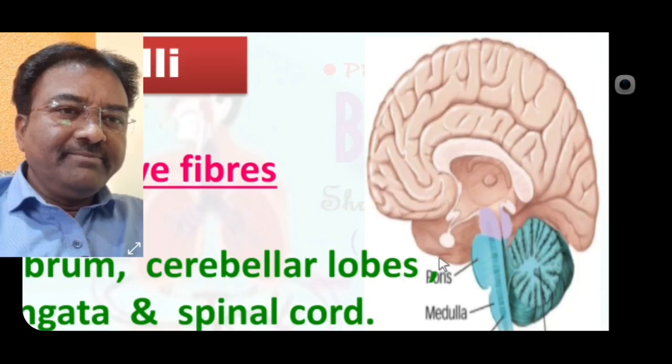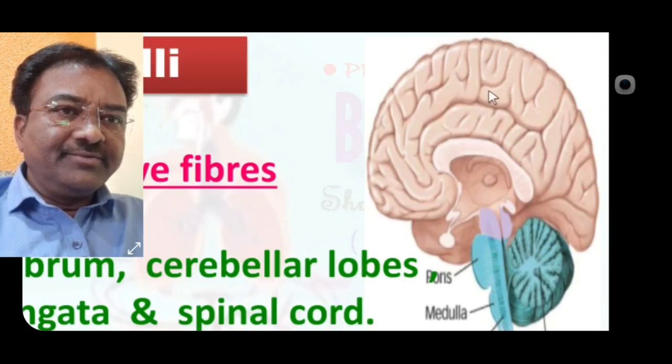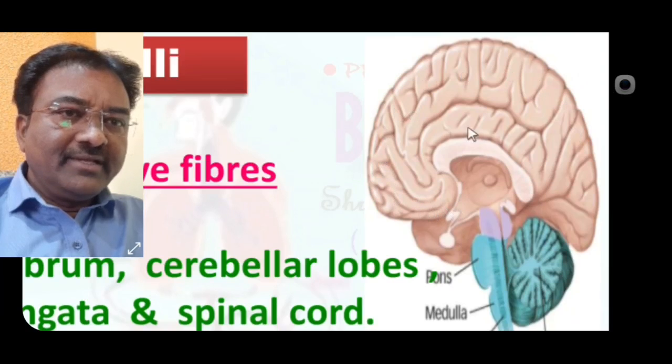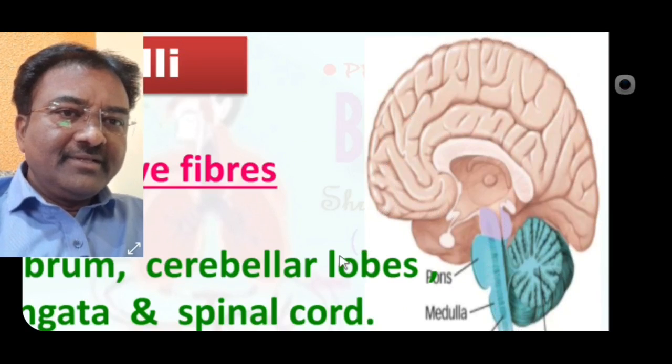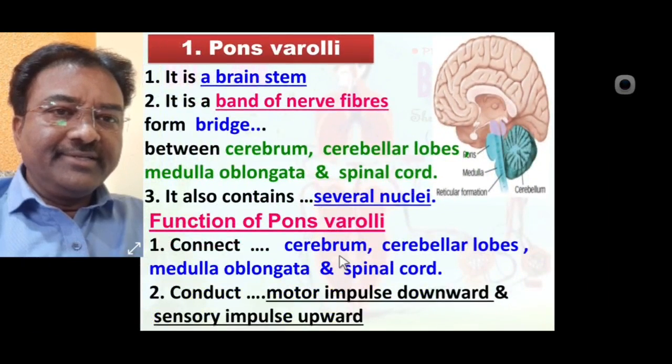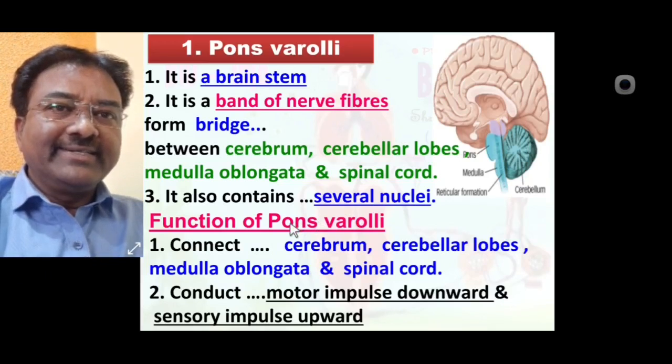So sensory impulses transfer in the upward direction to the cerebrum and motor impulses transfer downward from cerebrum. So this is also a most important function. Here noted, two main important functions take place by pons varoli. Up to this we discussed in detail.